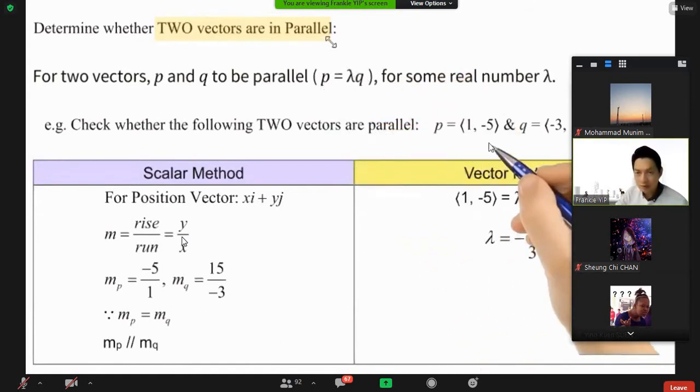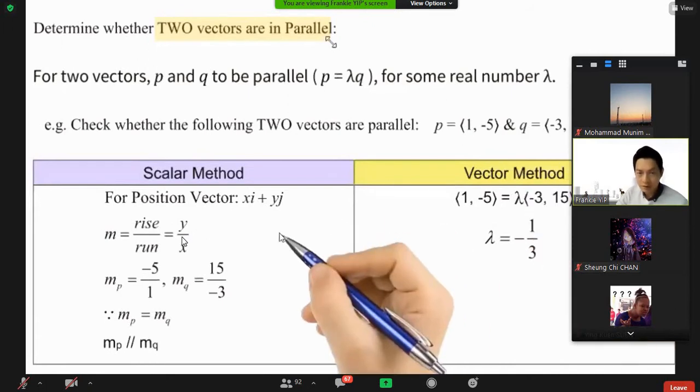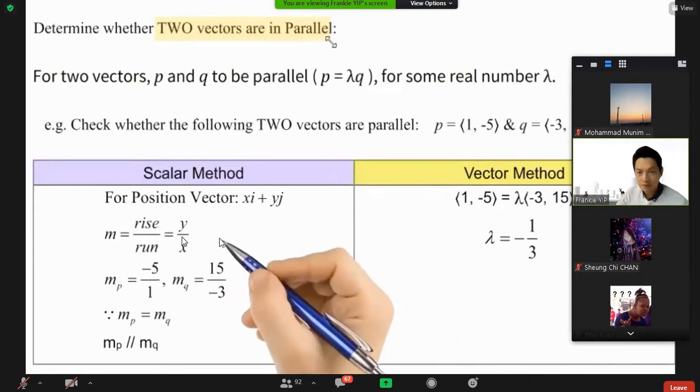Let's see, we have two vectors over here. P equals 1i plus negative 5j, and Q equals negative 3i plus 15j. Let's take a look at the scalar method.